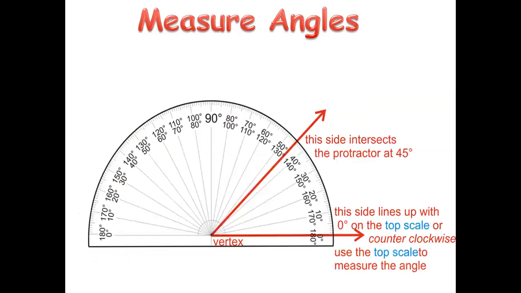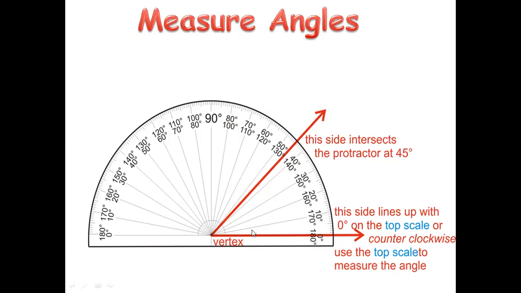To make it more clear for you, let's look at this example. So you take your protractor, place the center of the protractor exactly at the vertex here, okay, and then one arm straight to 0. So where is the other arm pointing to? It is pointing to something between 40 and 50, or between 140 and 130.